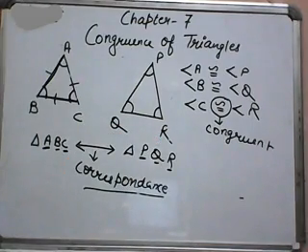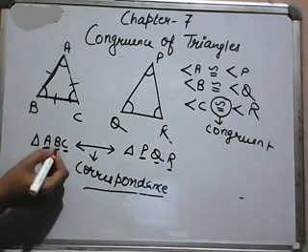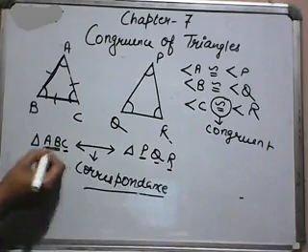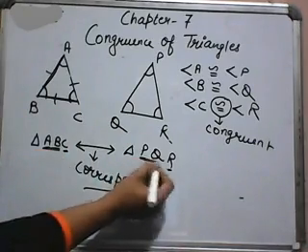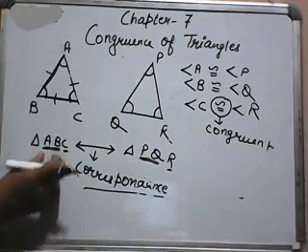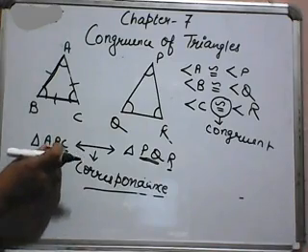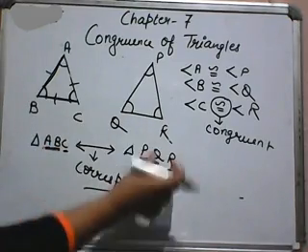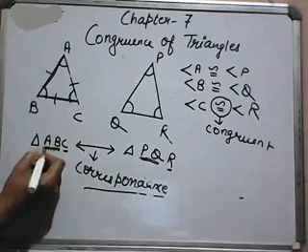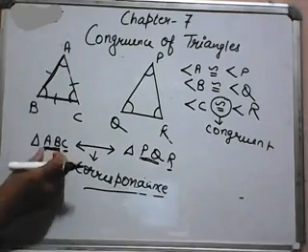Now let's discuss the sides. Here AB is congruent to PQ. We have to consider the position of AB, the same position in the other triangle, PQ. First and second, the first two vertices.